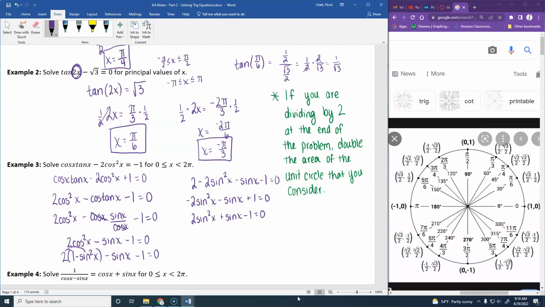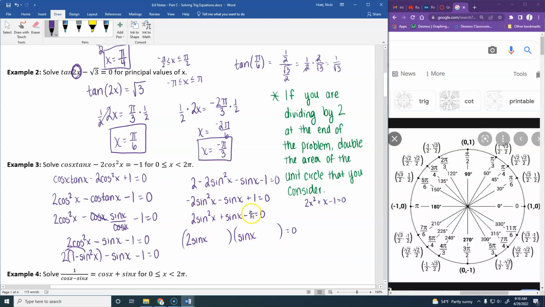And now I can factor this, right? Because I'm going to treat it just like it's 2x squared plus x minus 1. All right, so I'm going to factor. We got 2 sine x and sine x here. And remember, when you got that number in front of your sine squared, you're going to have to sort of guess and check.